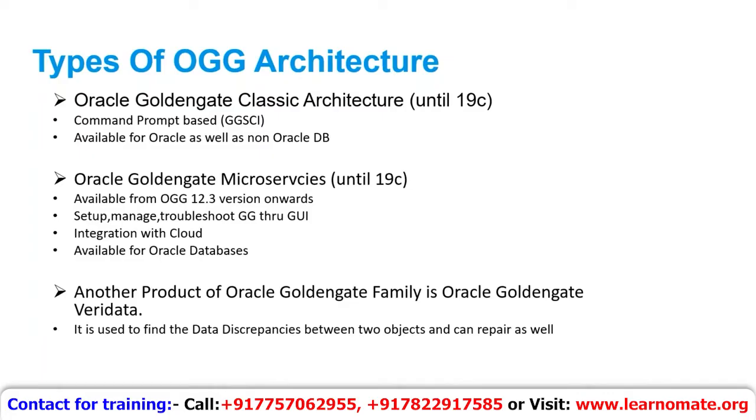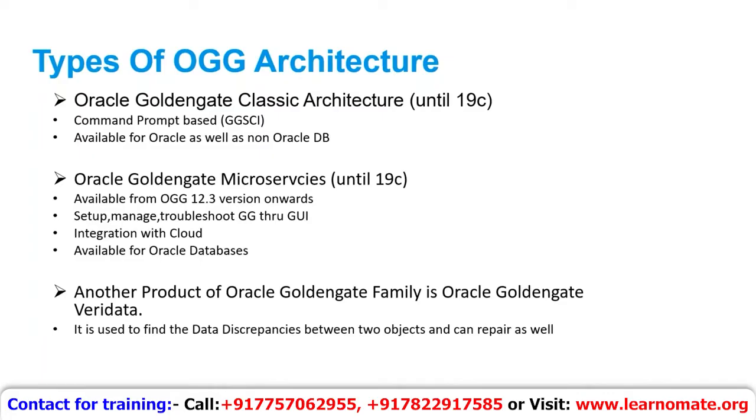Now I'll give you a quick history of Oracle GoldenGate. GoldenGate was founded in 1995. Remember, in 1995 it wasn't Oracle GoldenGate, it was just GoldenGate, founded as a standalone company and named after the famous San Francisco bridge, the Golden Gate Bridge.